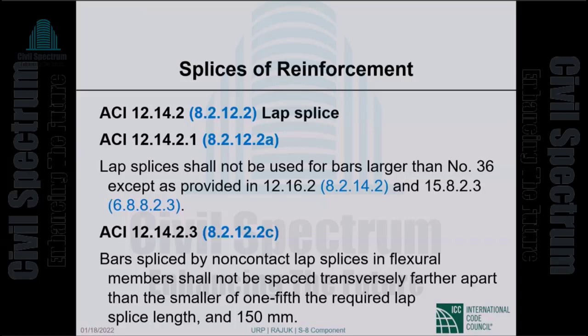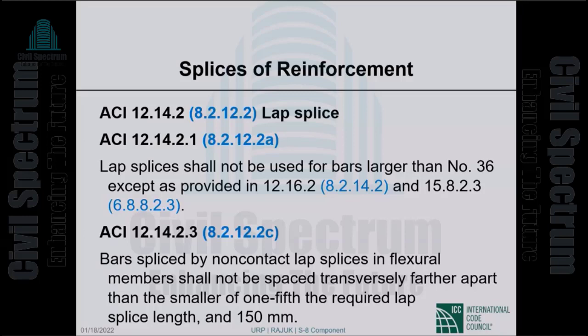I don't remember now. Bars spliced by non-contact lap splices: there are such things. In lap splices, the bars that are being lapped do not necessarily have to be in contact. There are non-contact lap splices, and you can transfer stress by non-contact lap splices.